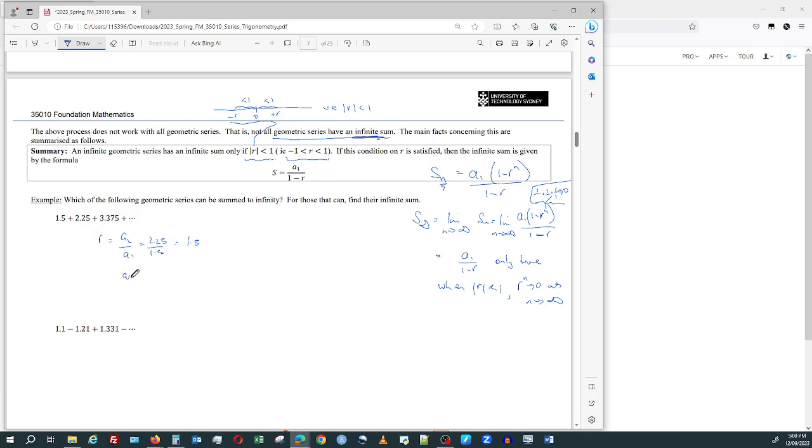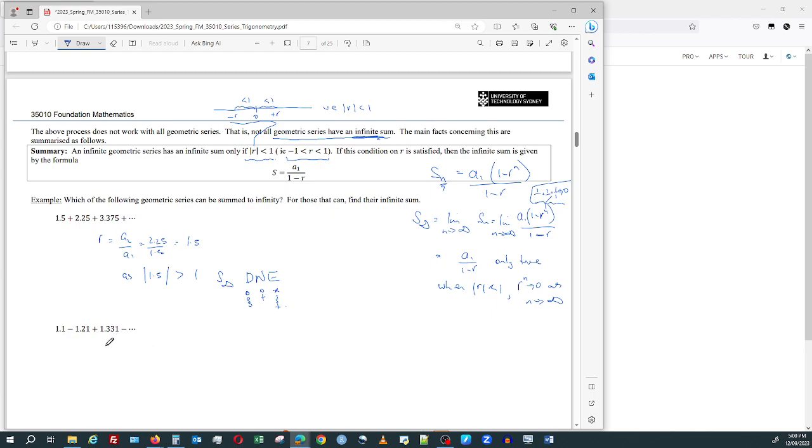That is greater than 1. The sum to infinity does not exist. Okay, alright, I can accept that.